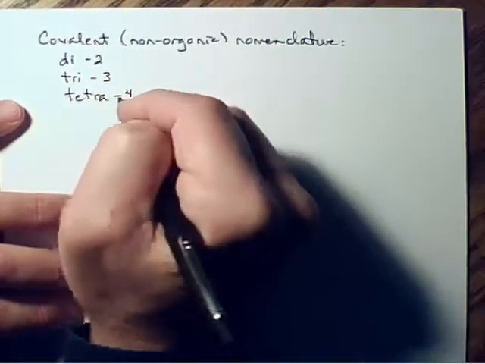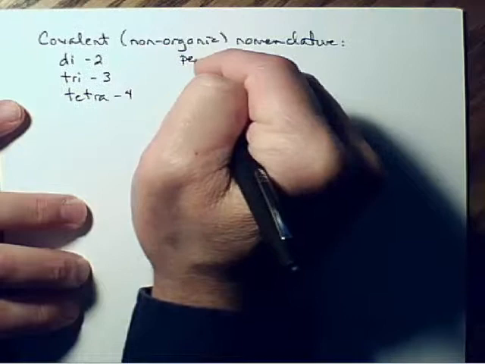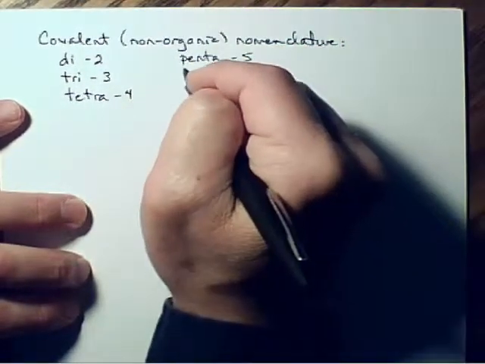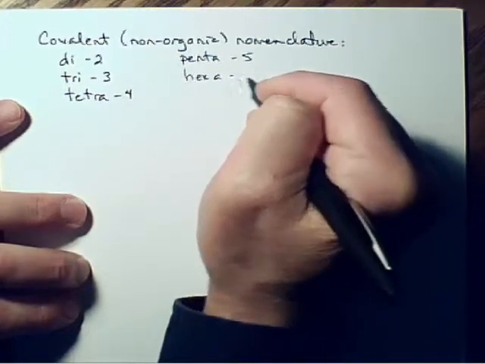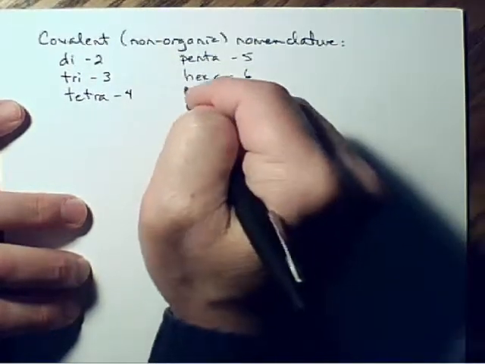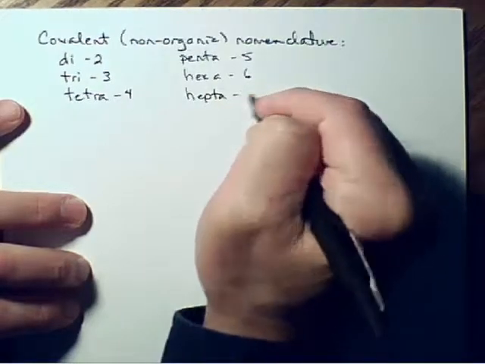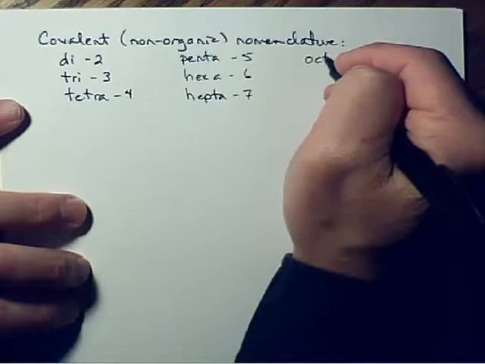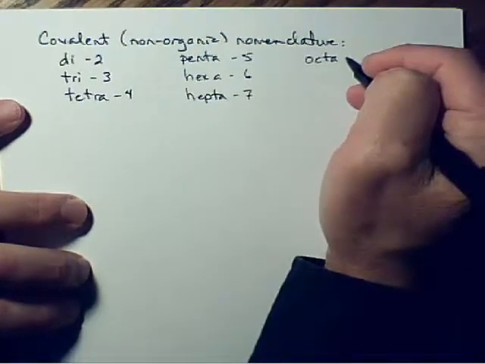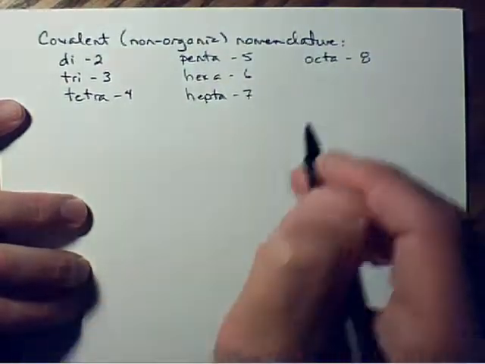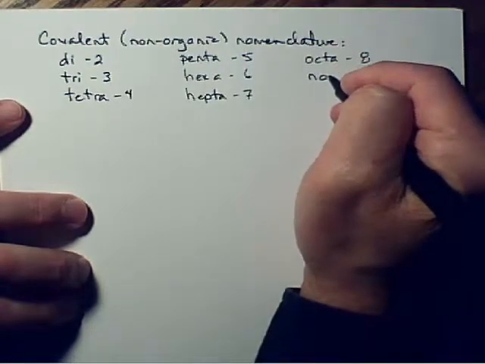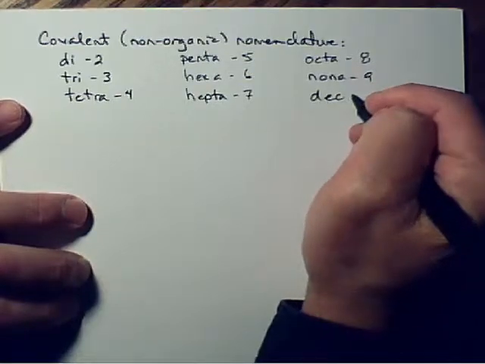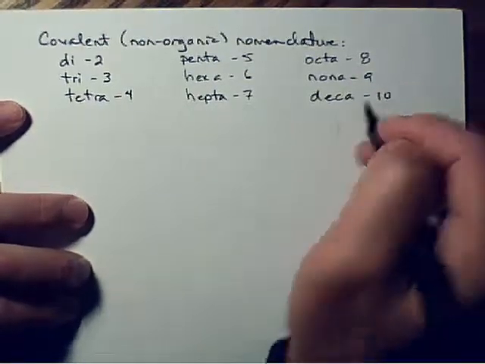Tetra, 4. Penta, like the pentagon, that's 5. Hexa, that's 6. Hepta, that's 7. Octa, like an octopus, that's 8. 8 legs on an octopus. 9 is nona. And 10 is deca, like a decade is 10 years.